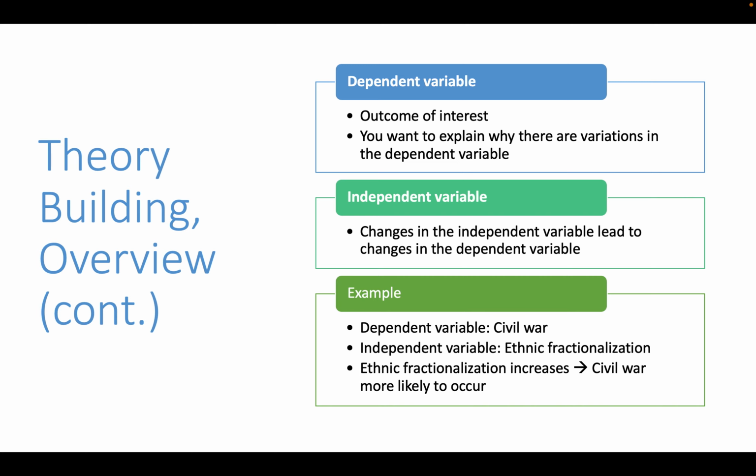And here's another example of this. If our dependent variable is civil war, or war that takes place within the contiguous boundaries of a nation-state between warring sides, and our independent variable is something called ethnic fractionalization.